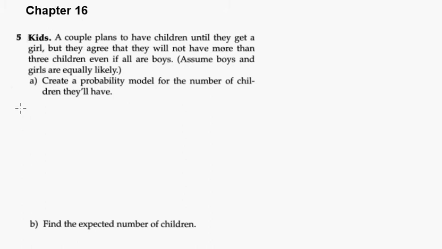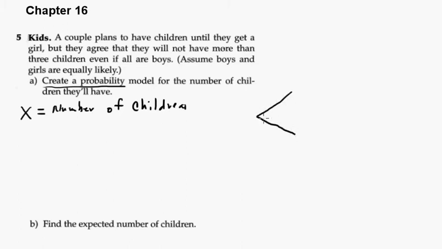So we have a random variable. They ask us to create a probability model for a random variable that would be the number of children. Okay, so let's model this first if we can, with a tree.